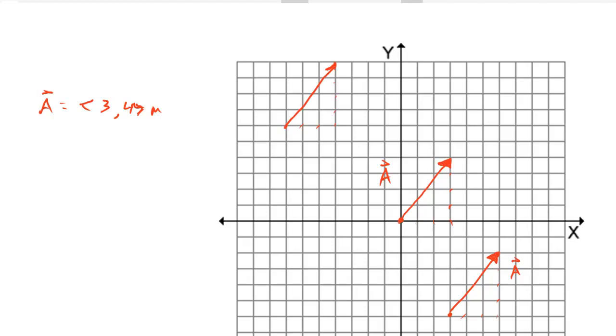A little bit of notation about the vectors, or a little definition of the parts. This is what we call the head of the vector, where the arrow is, and where it starts, its origin, is called the tail. Okay? So vector A, if I place the tail at the origin, the head would be at 3, 4.